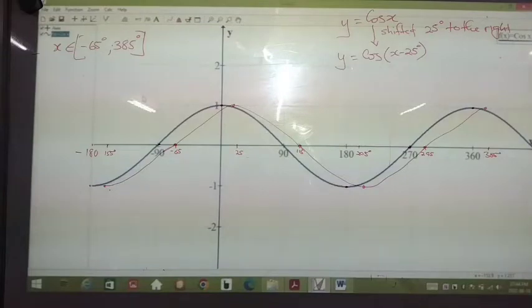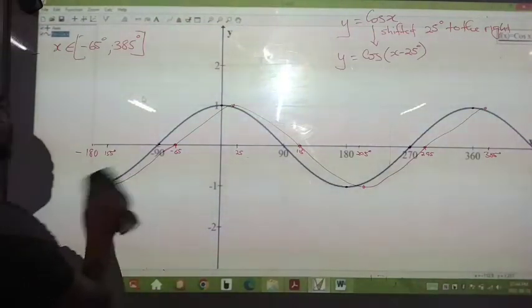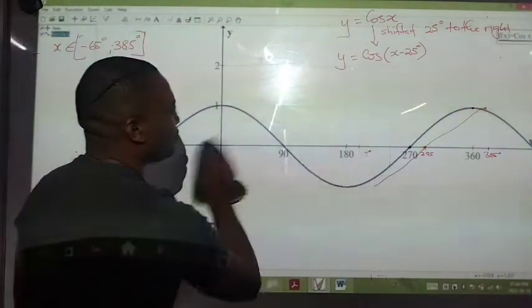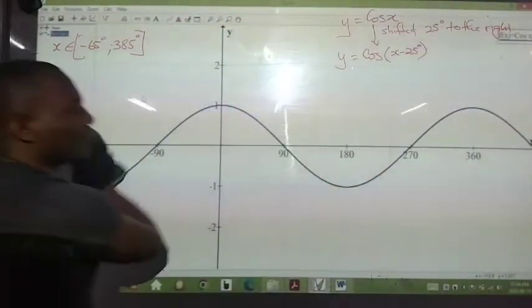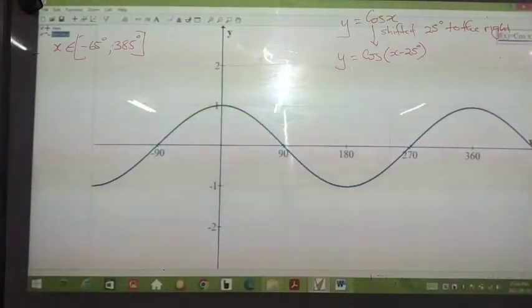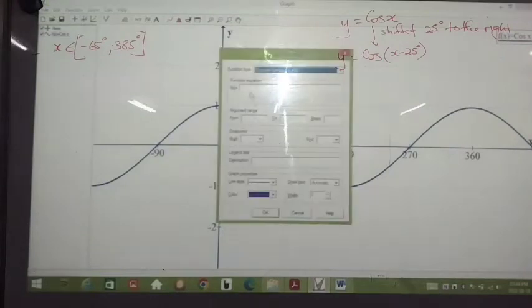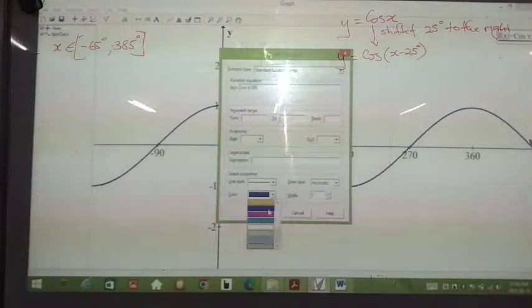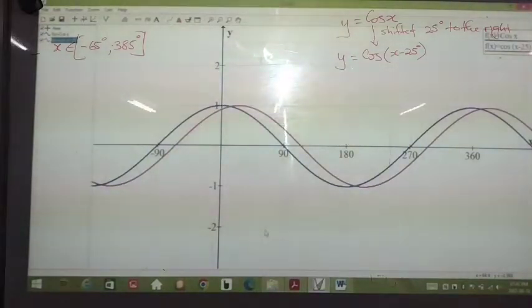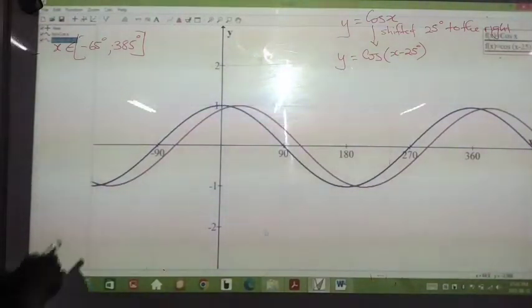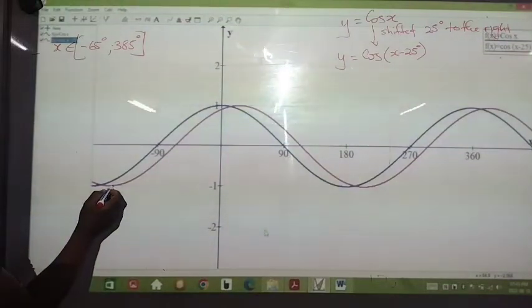All right, even if I am to add that graph, just as a confirmation of what is happening, that is cos x minus 25, we can see that the graph has been moved.